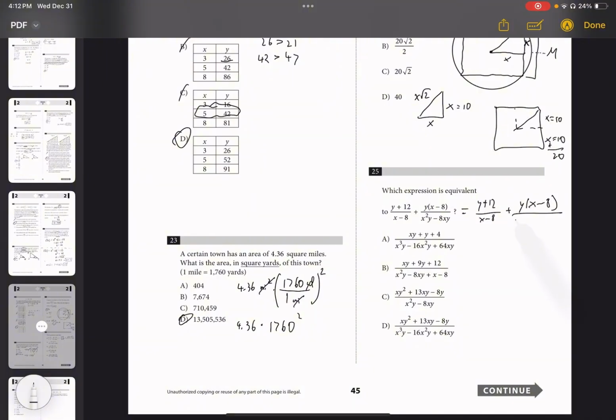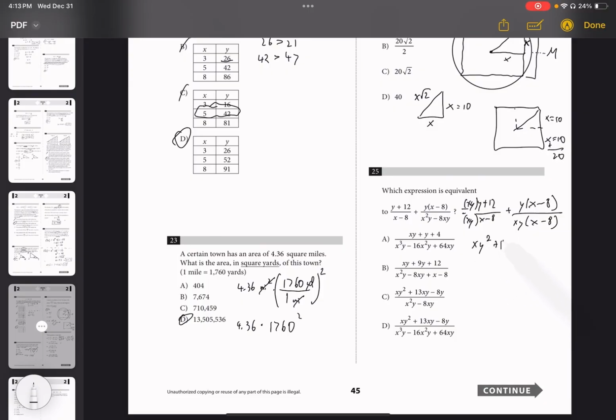If we take out a y and an x, so we have xy, and then we have x minus 8, and we have common denominators for x minus 8, but we just need to multiply this whole side on the top and the bottom by xy.